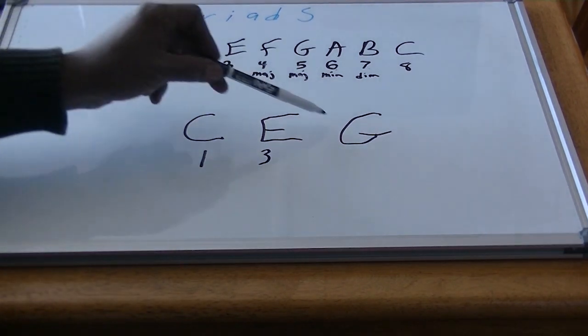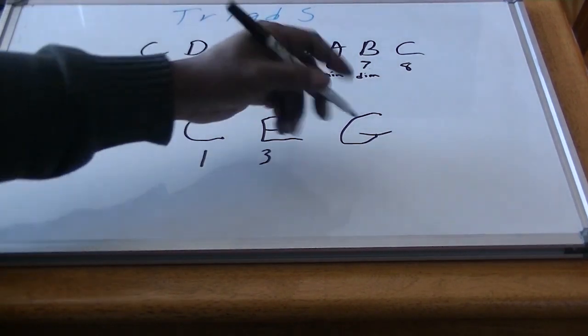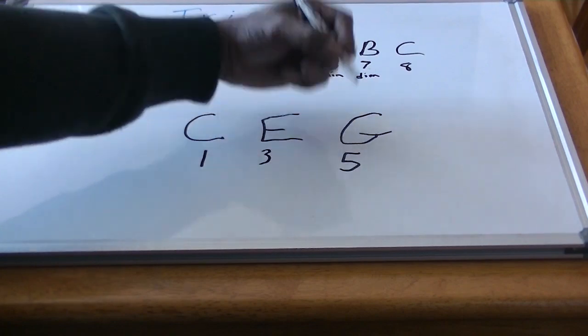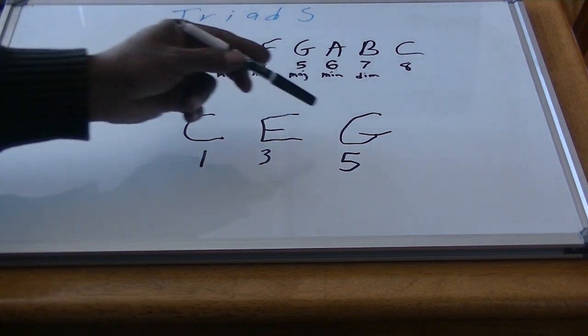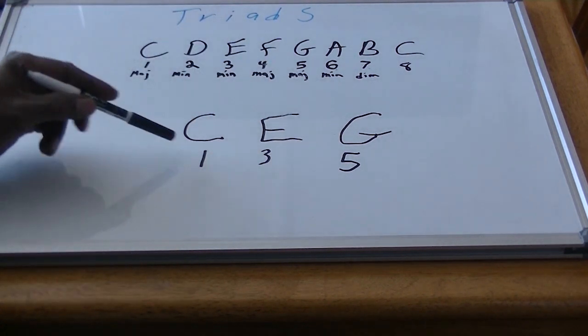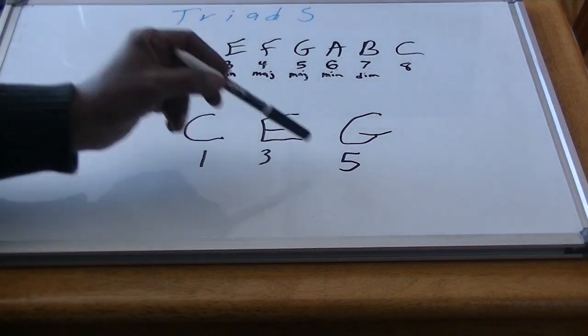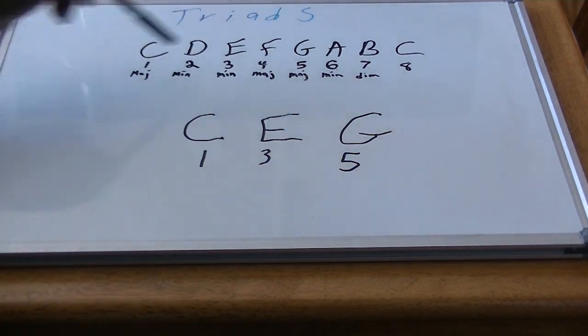And finally, we look at the G note. The G note is the 5th note of the scale. So we now have a C major chord, and as we can observe, the notes of the chord are the first note, the 3rd note, and the 5th note of the C major scale.